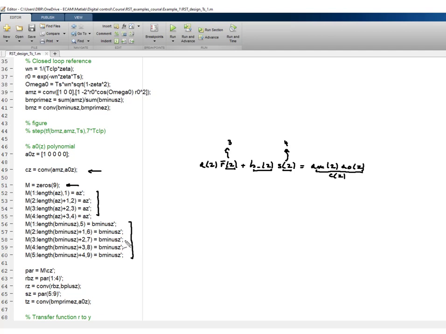I've made a drawing of this, but we'll check this structure that you should have in M, the Sylvester matrix, later. So now we have the system of equation M, number of parameters.